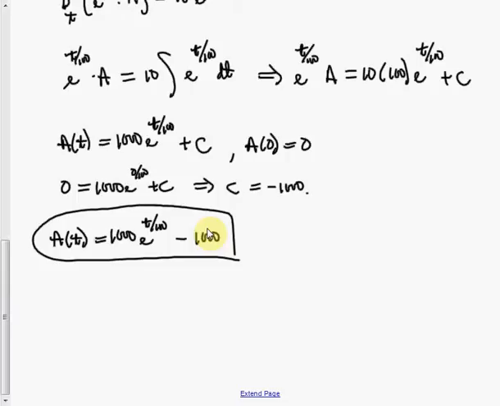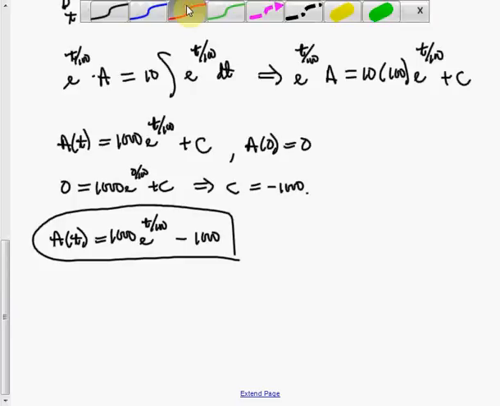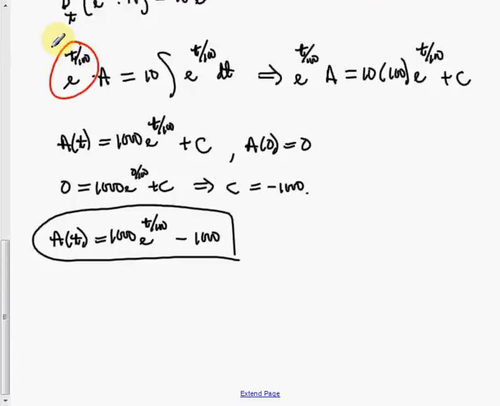In section 3.1, there was that problem on mixture that I left something off, and I want to make sure that we go back and fix it. This guy right here, when we were solving for A, the amount of salt in the solution, we said this implies that this is e to the t over 100 times A equal to all of that.